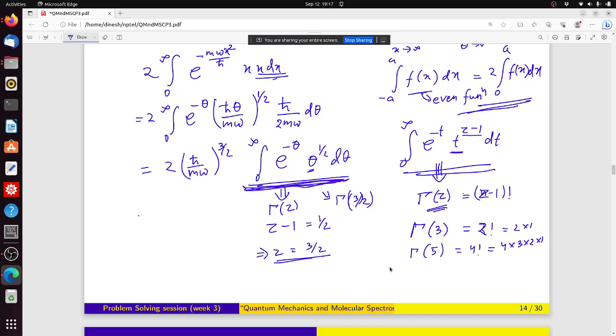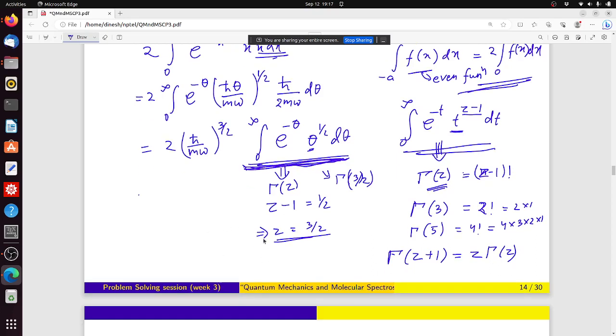And there is one more property of the gamma function: gamma of z plus 1 I can write as z times gamma of z. Maybe it's very unfamiliar to you, but you'll study it in future. So let's move forward.